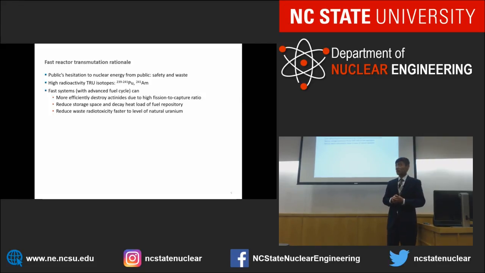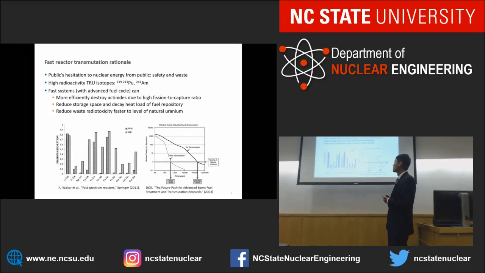And fast systems with an advanced fuel cycle can be really efficient in destroying these actinides because of the high fission to capture ratio. I'm showing you here the light water reactor PWR versus the sodium-cooled fast reactor for almost all these actinides.